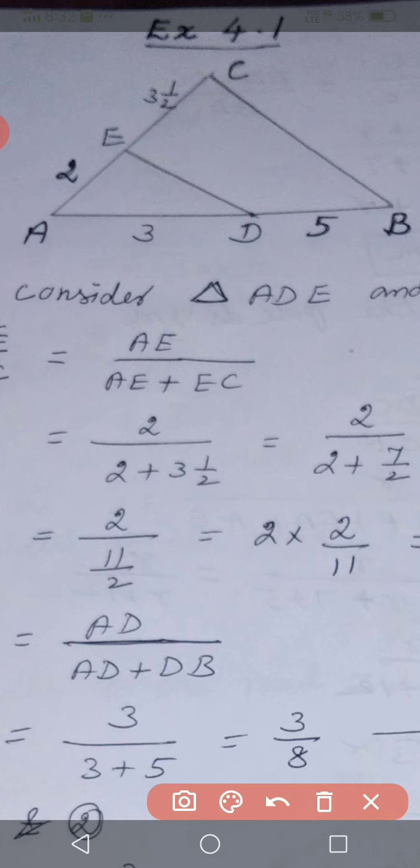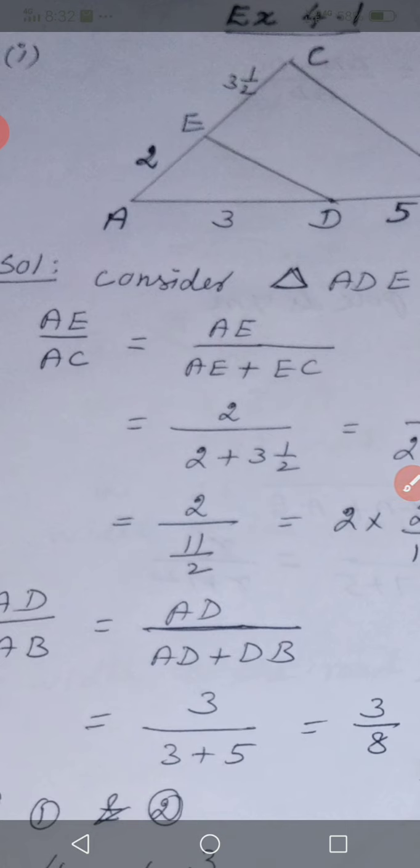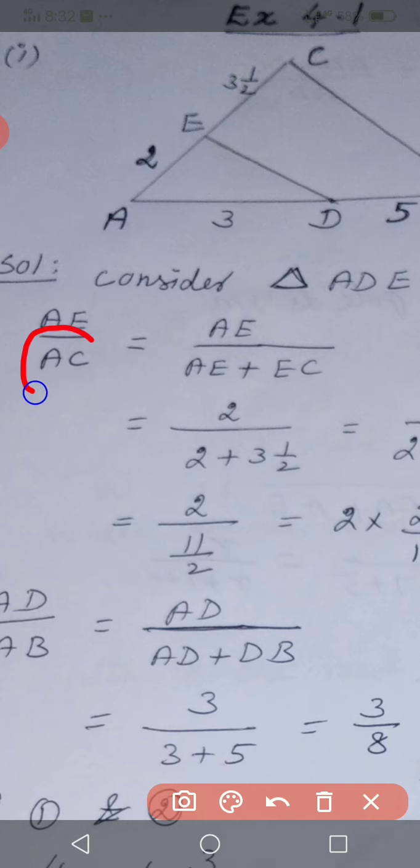first take AE by AC. That is, AE by AC. See here, this AC can be written as AE plus EC.